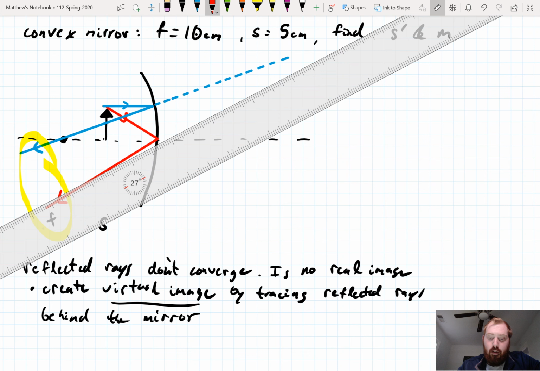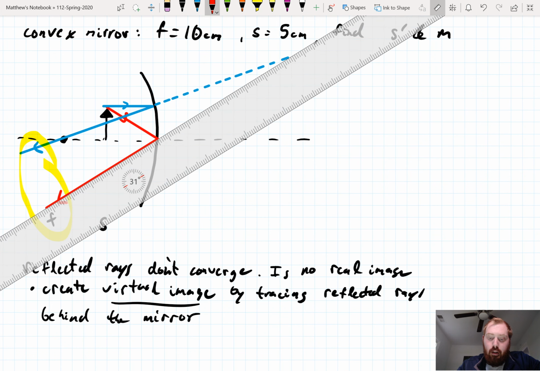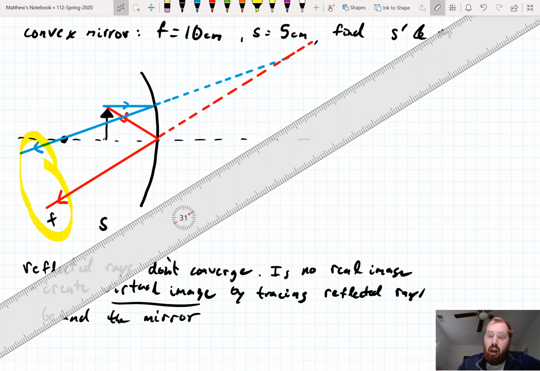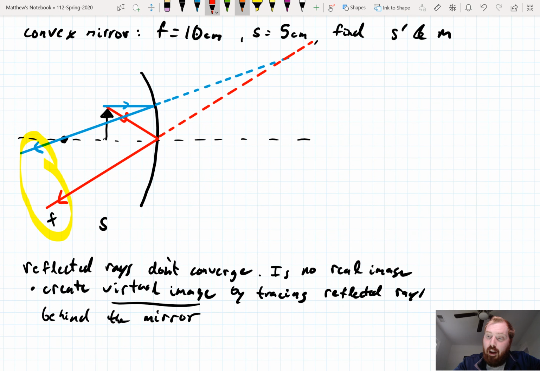Now let's line up. Yes, we said 31 degrees. There's our dashed lines. And would you fancy that, there's a crisscrossing right here.